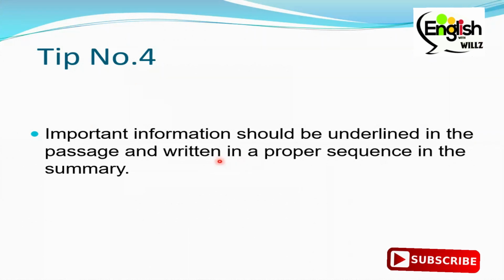You are basically underlining the content points. The content points are basically the main information or the key points of the passage. So the important information that you have underlined, you have to write in a proper sequence in your summary, summarizing, not taking all the points as they are, but taking the whole points and summarizing them into a small sentence and writing it into the summary.